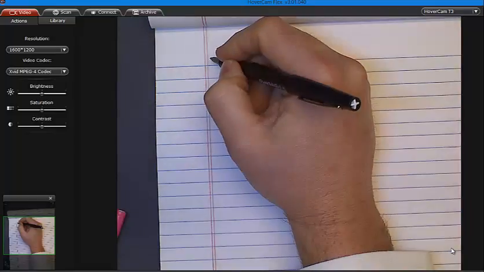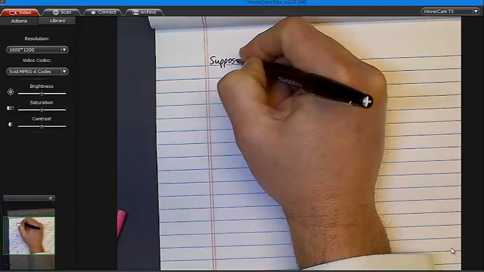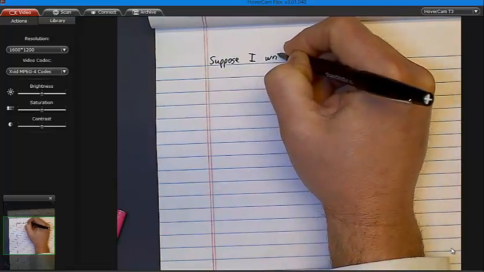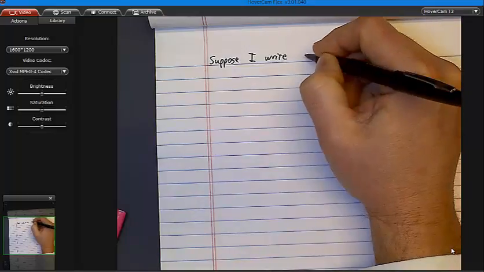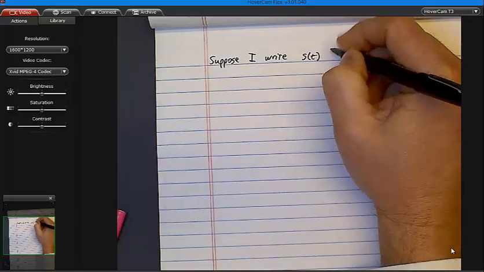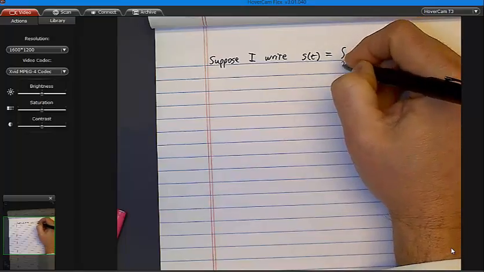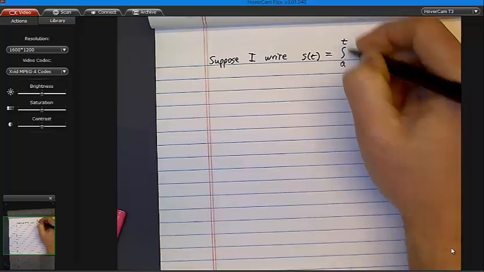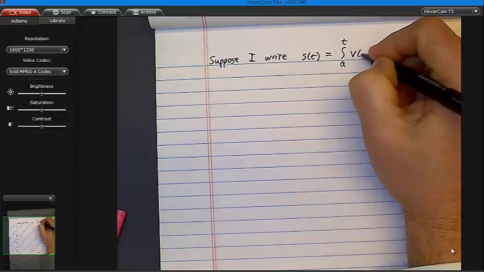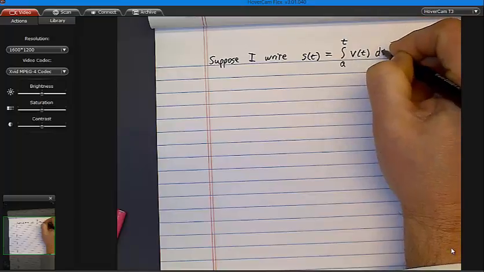I want to write down the following idea. Suppose I write s of t equals the integral from a to t of v of t dt.